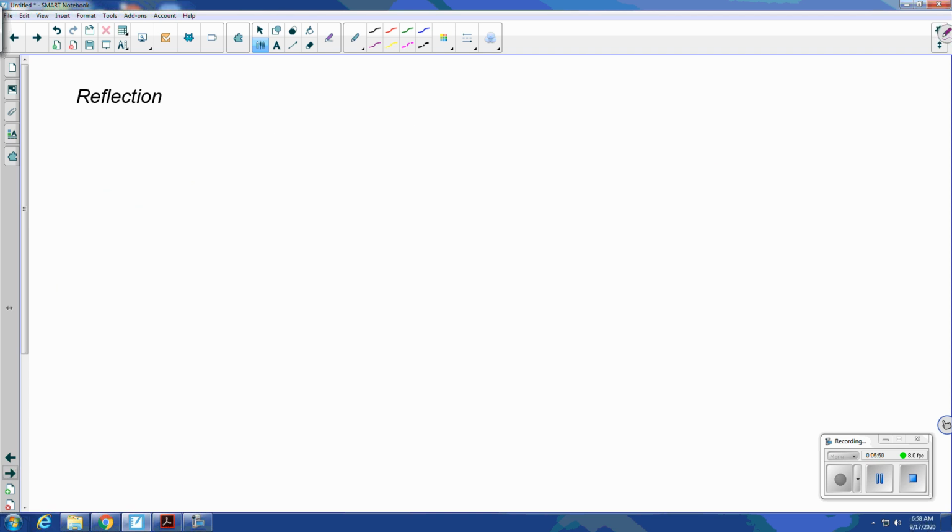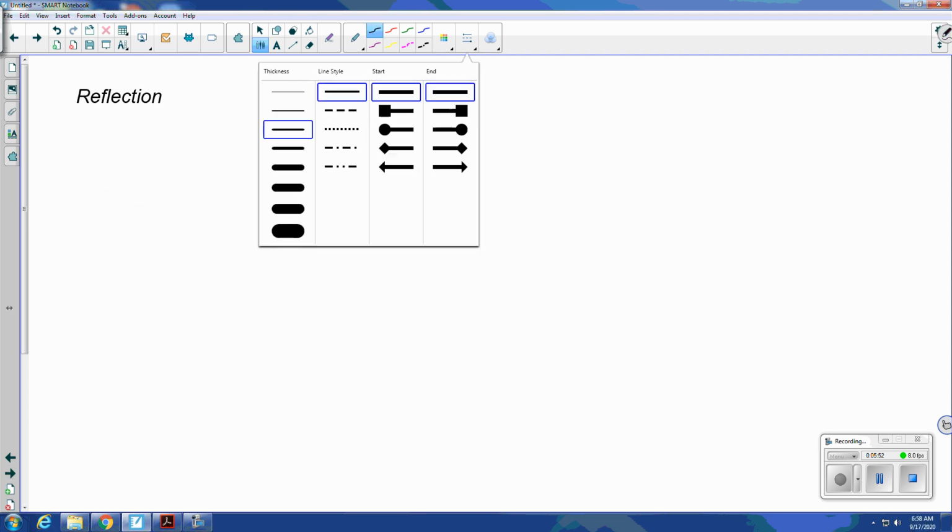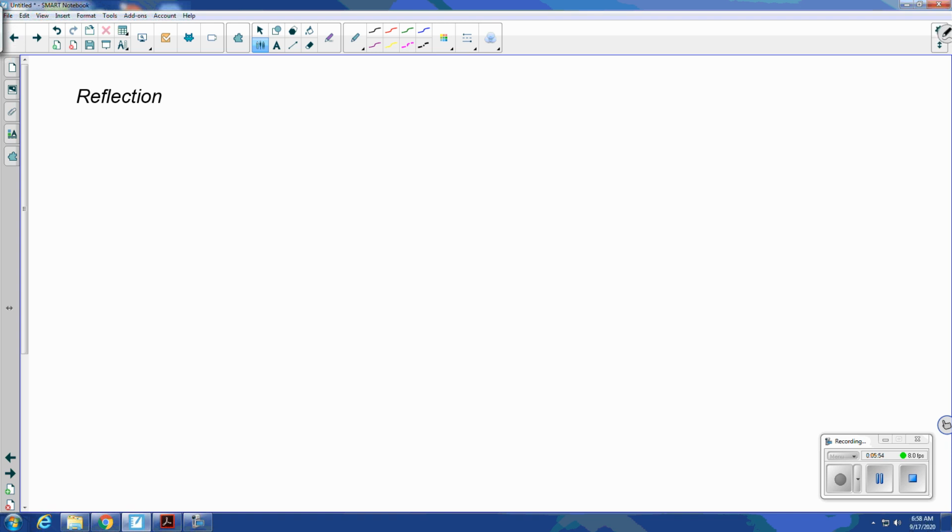Now, reflection. When we make a reflection, what we are doing is moving a point to a mirrored position across some designated line.